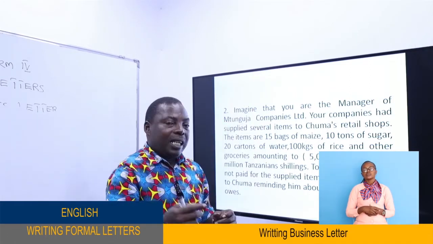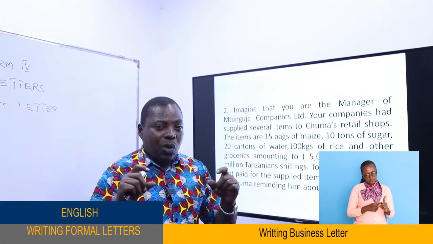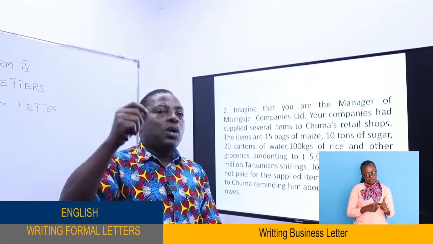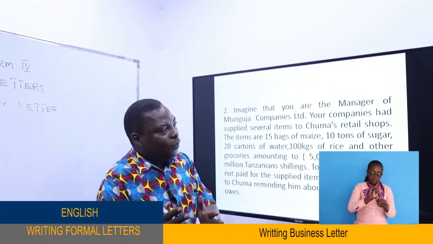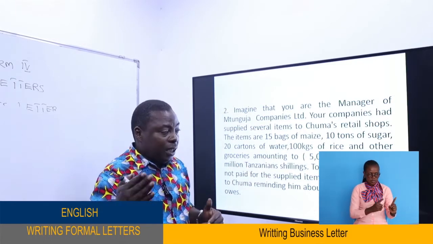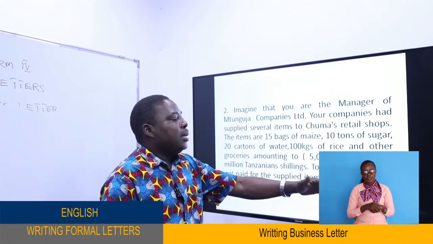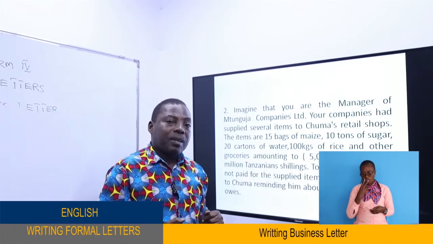What comes later? It is a date. Of course, we said you have to write the date on the day when you are writing the letter. What follows? The receiver's address. And there we identified Chuma is the one who is to receive this letter.